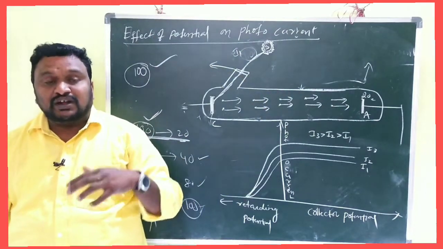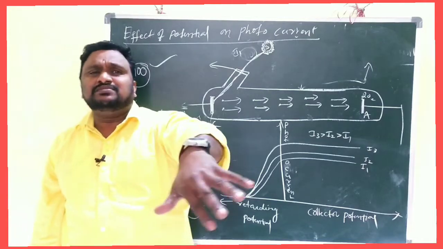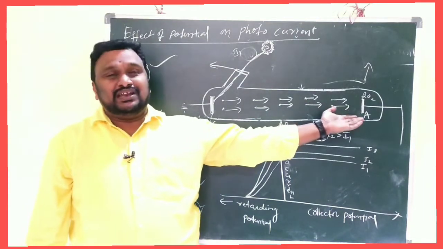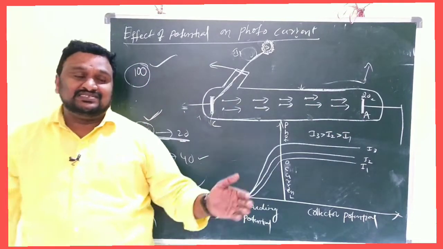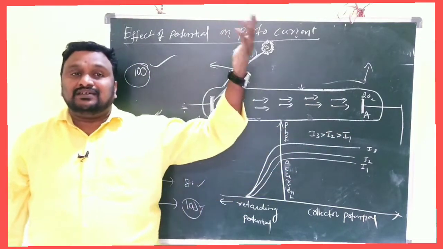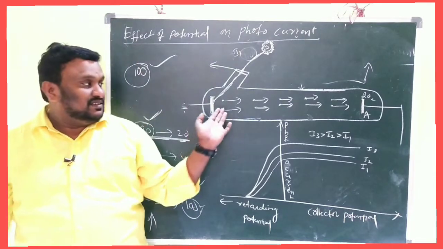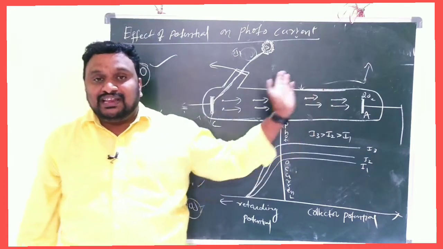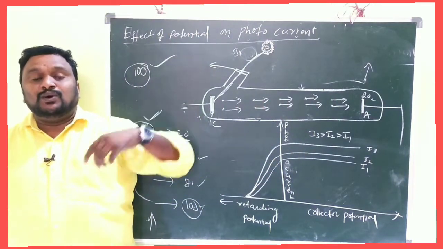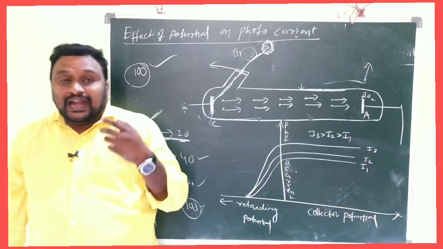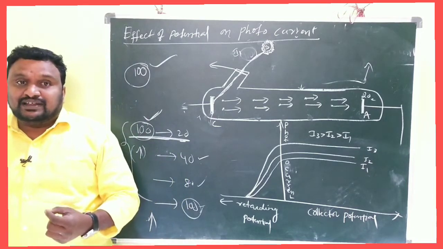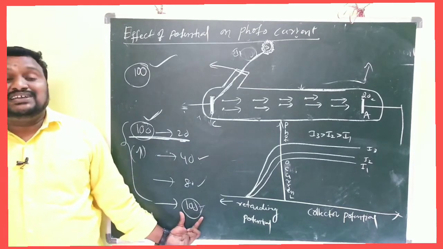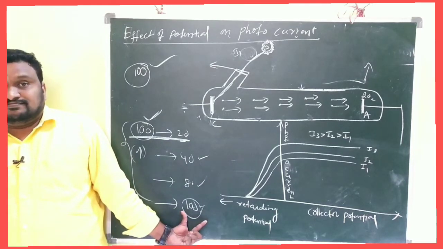Got my point, children? What I am explaining is a very simple example. 100 emitted, first only 20 collected, next the potential increases, next 40, again like that. When your potential increases, current also increases. The number of electrons received by the collector also increases. At one particular potential, the maximum number of electrons are reached.